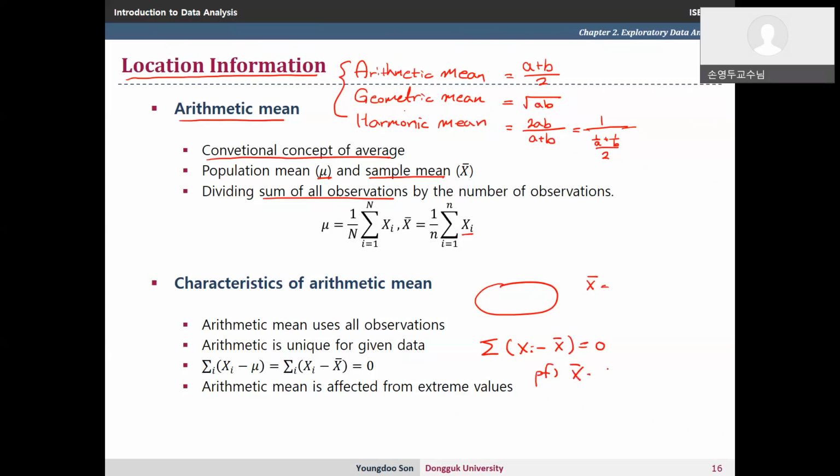X bar equals 1 over n summation j equals 1 to n xj, and then summation i equals 1 to n of xi minus x bar equals summation i equals 1 to n of xi minus 1 over n summation j equals 1 to n xj.